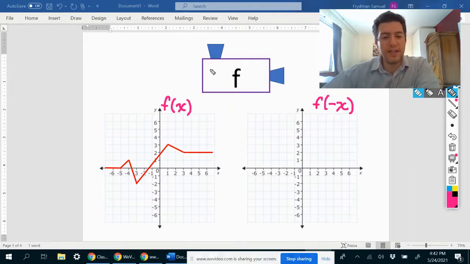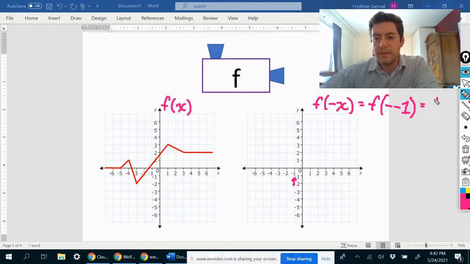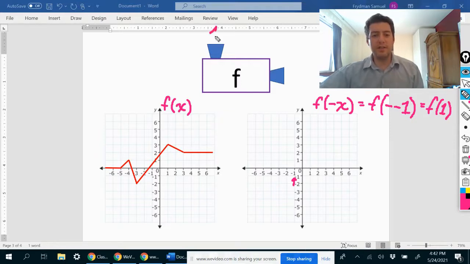So for example, if x is -1, then this would be the opposite of -1, which is +1. So I'm actually putting +1 into the function machine.